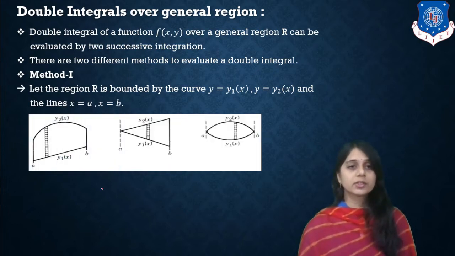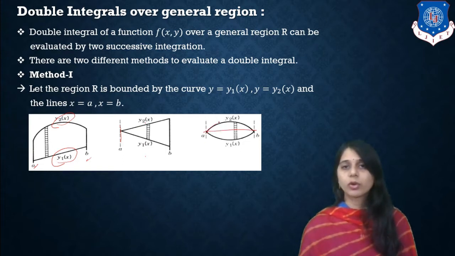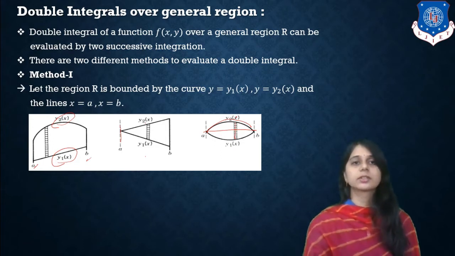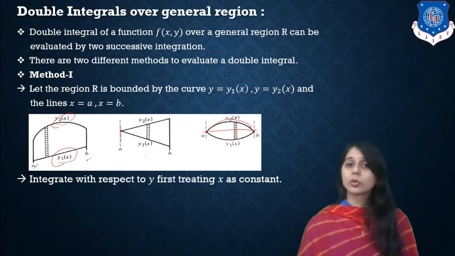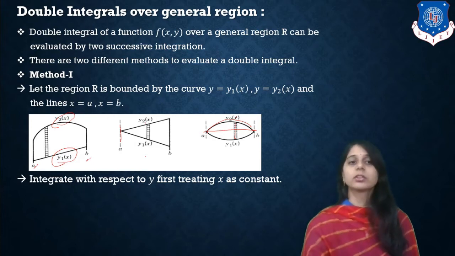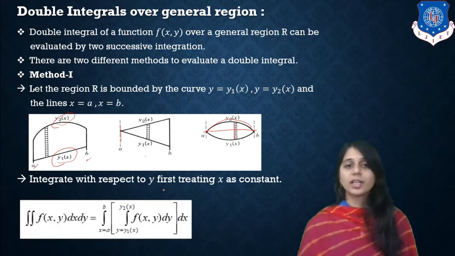See, it is y1(x), it is your y2(x), here x equal to a and x equal to b. This is your x equal to a to b formation and this is your y1(x) to y2(x). Integrate with respect to y first, treating x as a constant. We say x equal to a to b as it is, y equal to y1(x) to y2(x), f(x,y) dy dx.